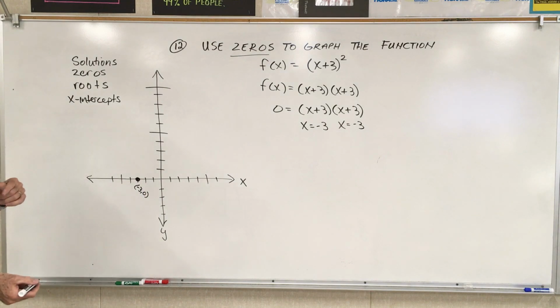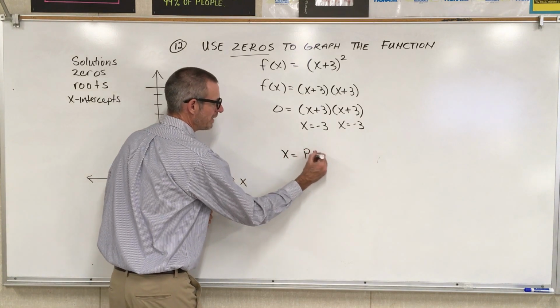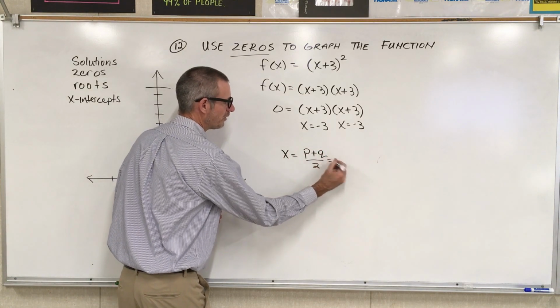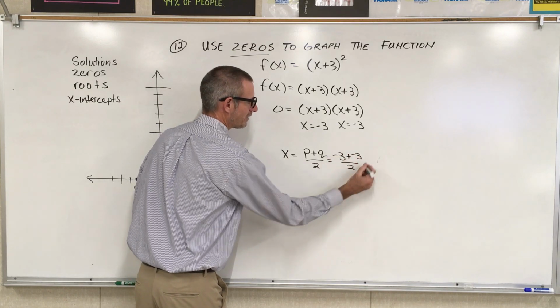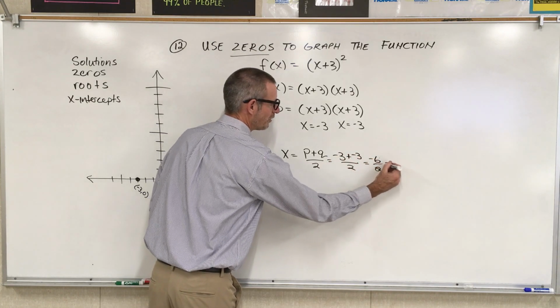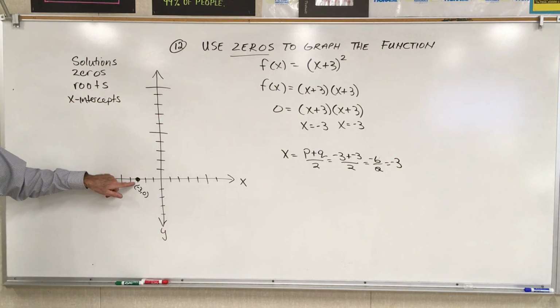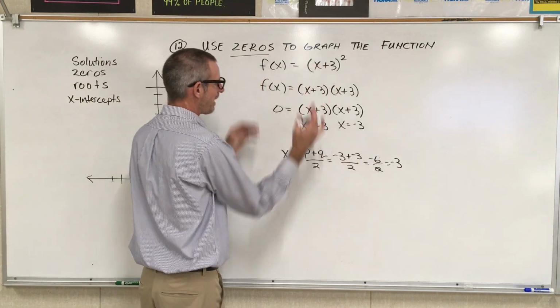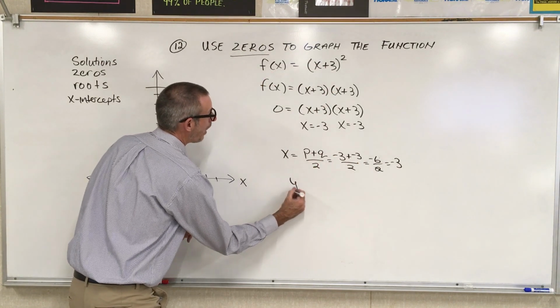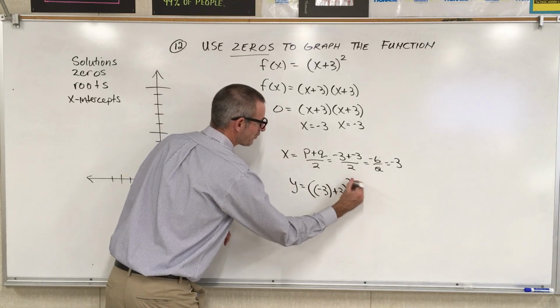That is my x-intercept. If I want to find the vertex, I can go x equals p plus q divided by 2, and that'll be -3 plus -3 divided by 2, which is -6 divided by 2, which is -3. Well, that's where I already am. If I take this and I put it back into my problem, it will be y equals -3 plus 3 squared.